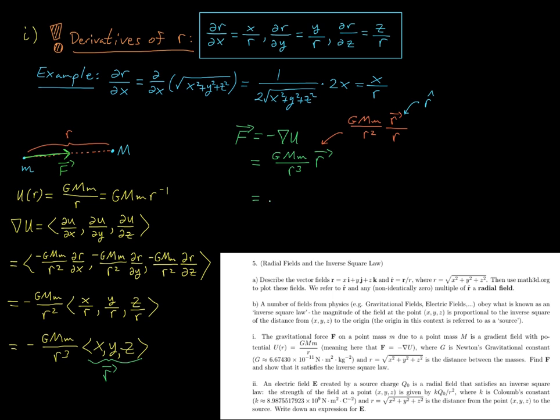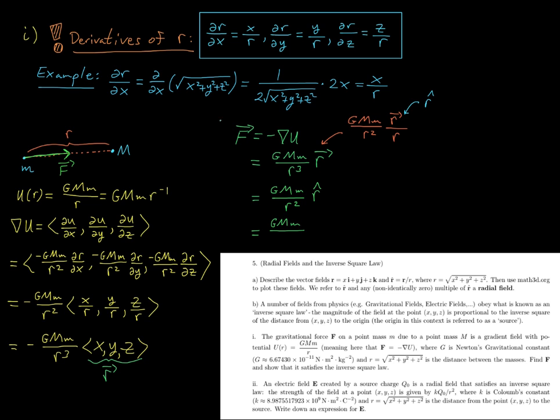So I can also write our force vector as GMm over r squared times the vector r hat. Okay, and then lastly, we could also write this, of course, in terms of x, y, and z. So what would that look like? Well, this expression out in front is going to be GMm over, so what's r cubed?